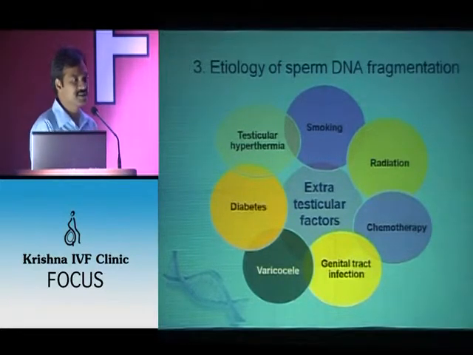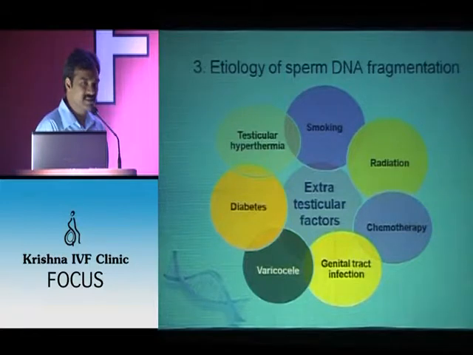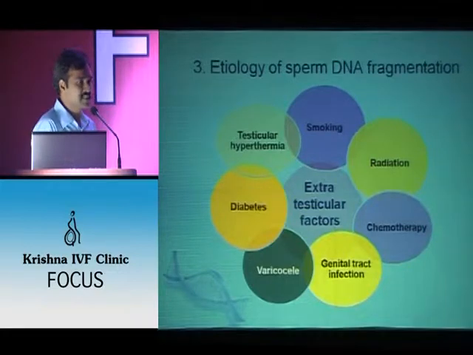Let's see what is oxidative stress. In general, the body has a natural antioxidant mechanism, that is antioxidant enzymes present in the cells such as superoxide dismutase, catalase and glutathione reductase. These antioxidant enzymes combat or fight against ROS and thereby reduce the oxidative stress.